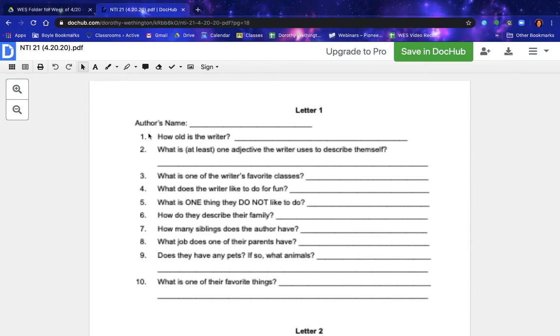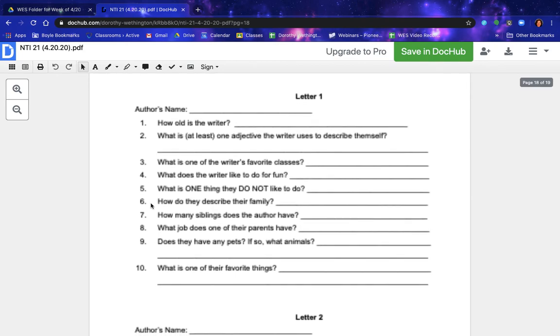Author's name. Number 1. How old is the writer? Number 2. What is at least one adjective the writer uses to describe themselves? Number 3. What is one of the writer's favorite classes? Number 4. What does the writer like to do for fun? Number 5. What is one thing they do not like to do?